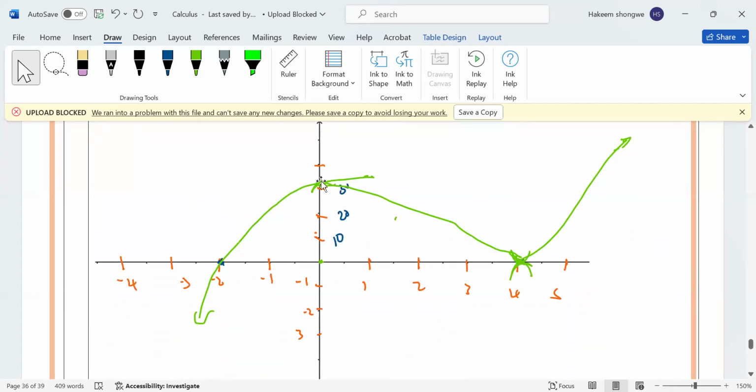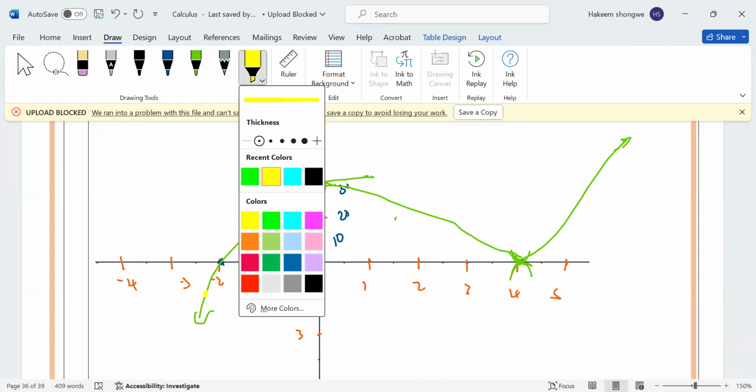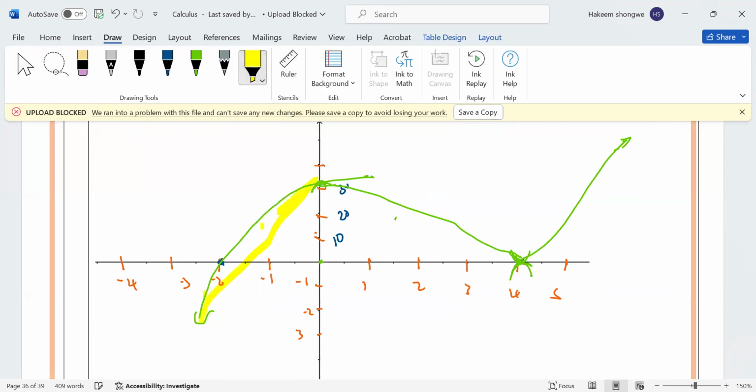Check here. Is your graph increasing here? Starting from here to here, is your graph increasing? Yes, it is getting bigger. And then it satisfies the condition.